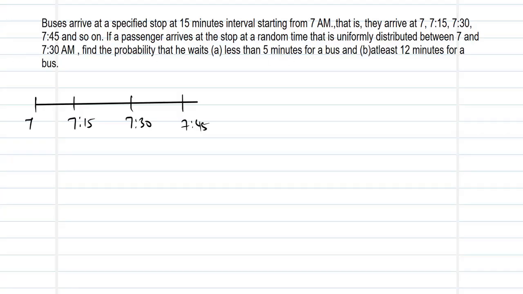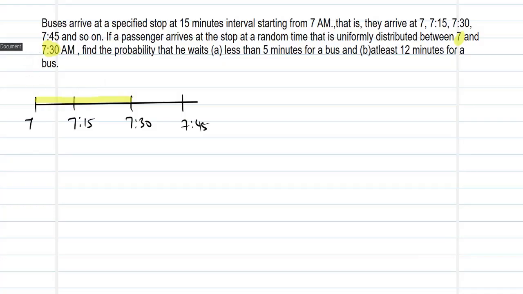The arrival of the passenger is between 7 and 7:30. So our range of working is from 7 to 7:30. This is the interval in which we are going to observe the passenger. He can arrive at any point of time between 7 and 7:30. We are not sure when; we know just the interval.